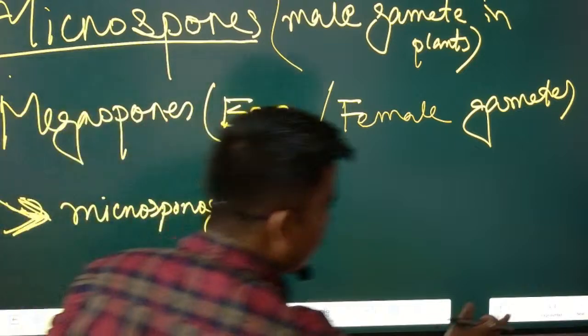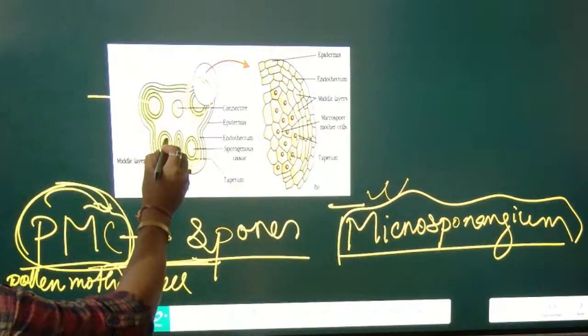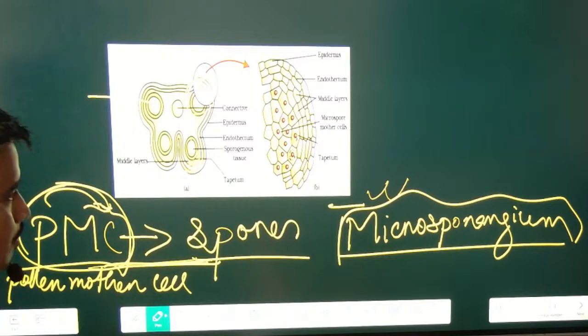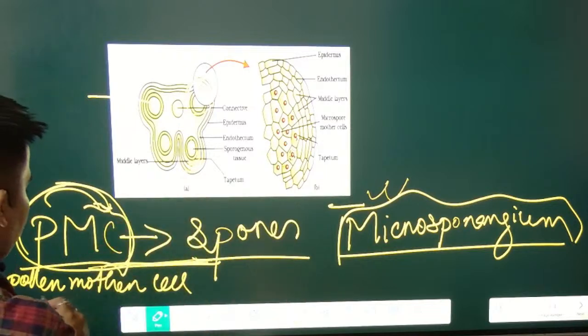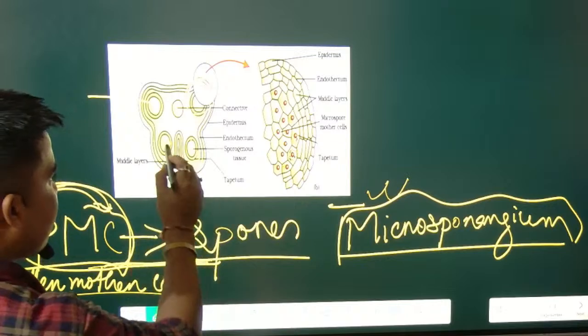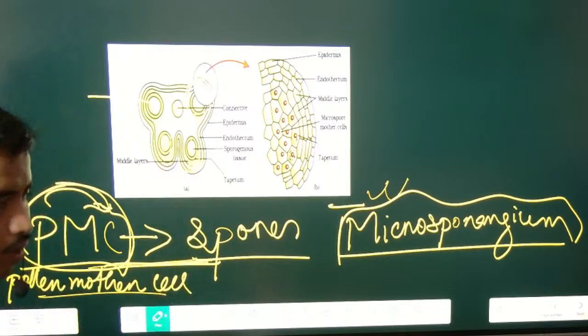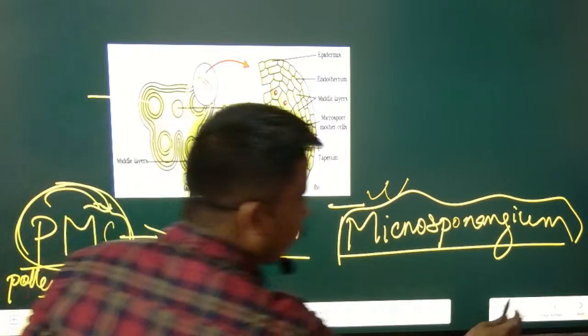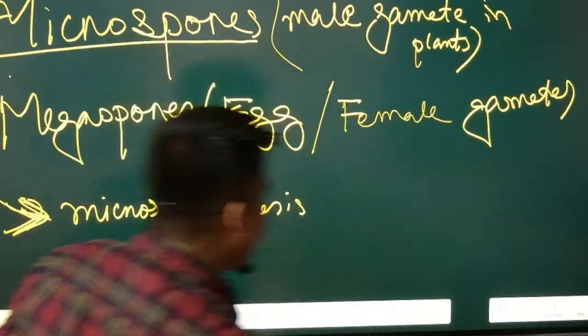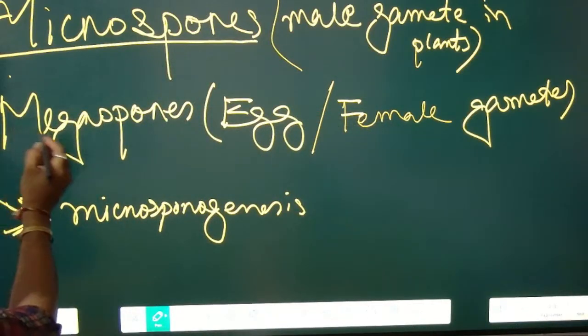Obviously in the microsporangium, because there are pollen mother cells in that sac.